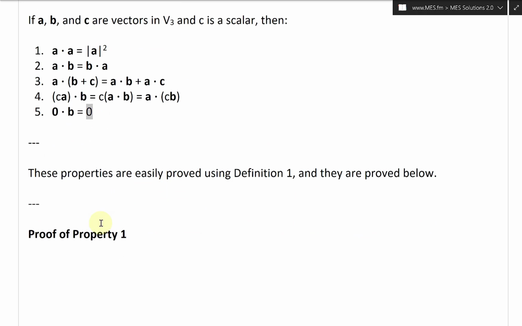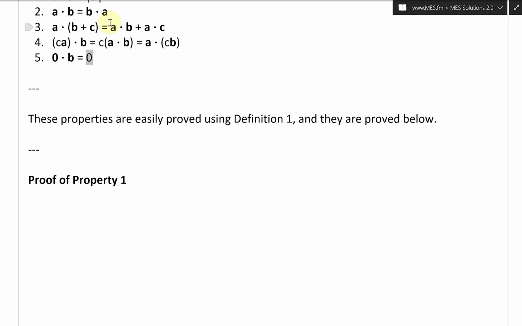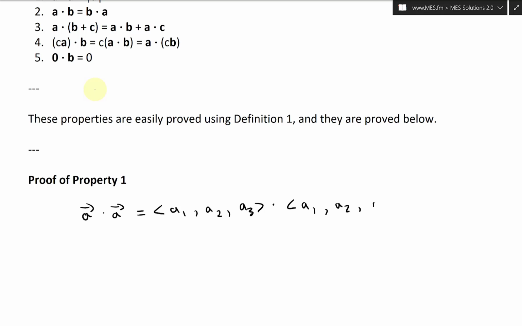Alright, so now let's take a look at the proof of property 1, A dot A equals the length of A squared. We'll do this in 3 dimensions. A dot A is the same thing as writing A1, A2, A3 dot itself, A1, A2, A3.